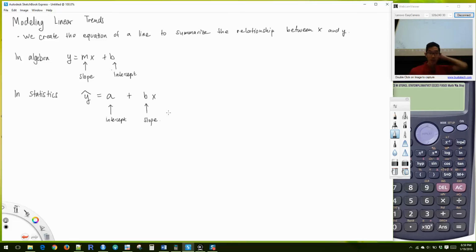The hat over the y signifies our prediction for y.